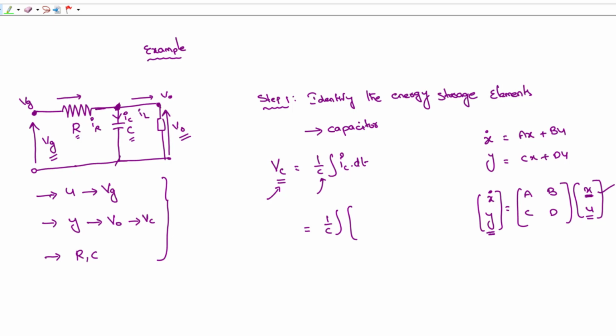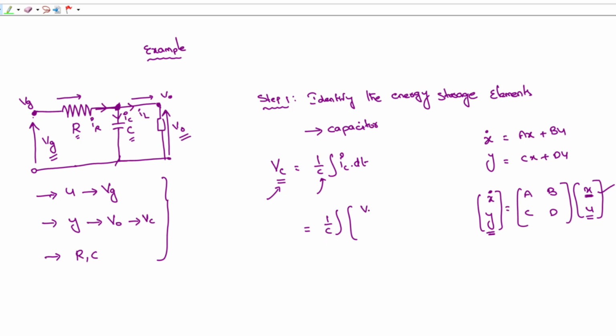As per KCL, what is happening? Incoming currents is equal to outgoing currents. So what are the incoming currents? The current that is coming here, IR, is equal to IC and IL. So IC is equal to IR minus IL. IR is equal to Vg minus Vc by R. That simple it is.